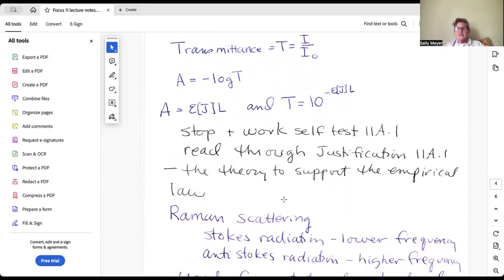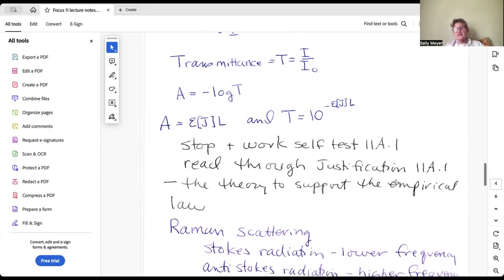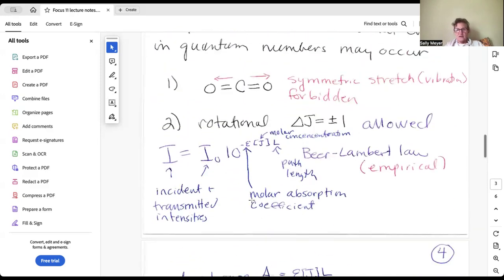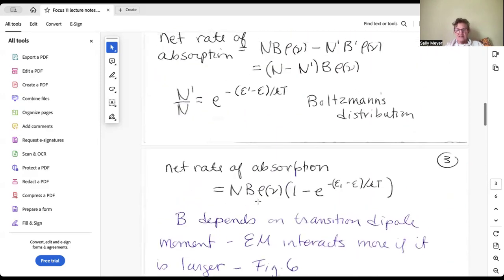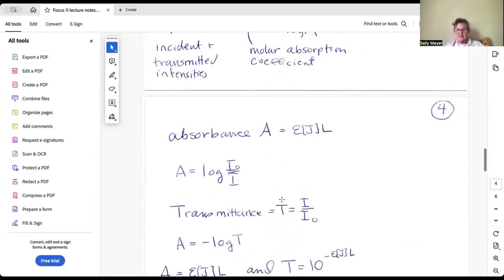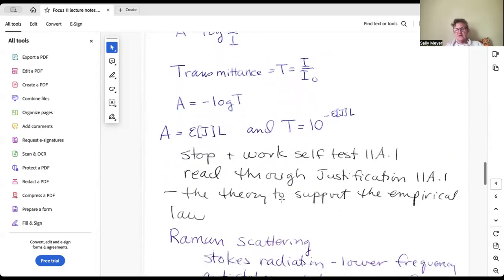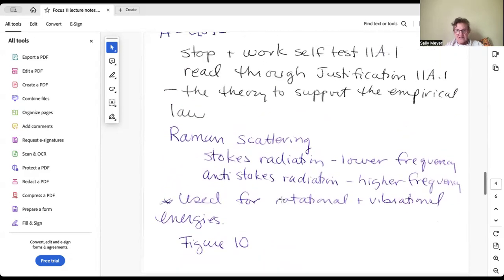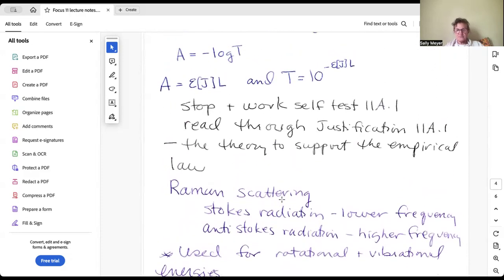No, the empirical law is Beer's law, sorry, and the theory is from Einstein. So go back up here and think about this equation, and compare it to Beer's law. That's what the justification is going to do.